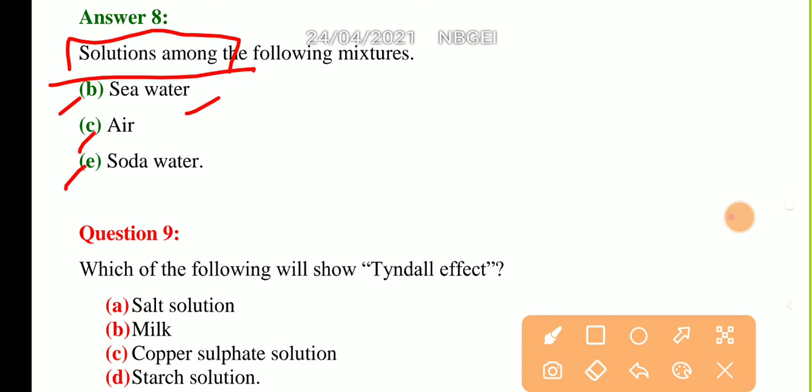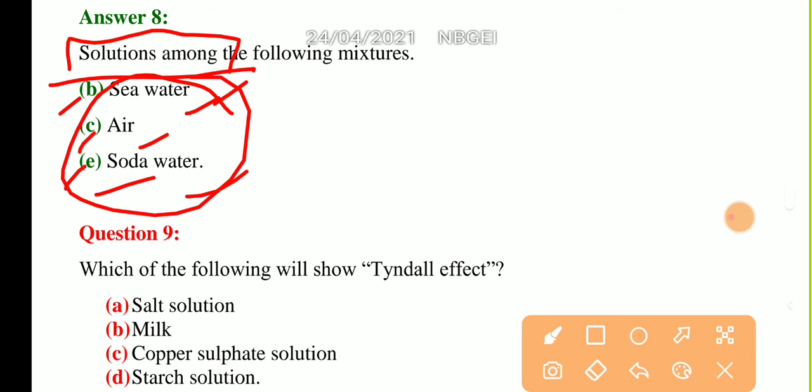B is seawater, C is air, a solution of different types of gases, and E is soda water. Soda water is a solution of carbon dioxide gas as well as water. Seawater has different types of minerals in liquid. So these are examples of solutions.